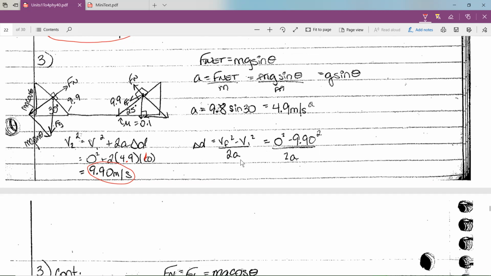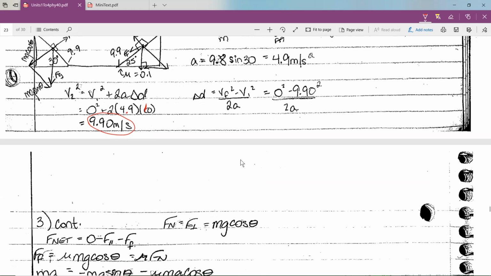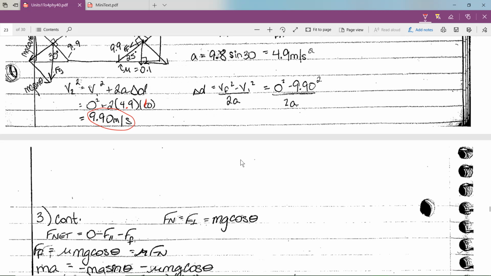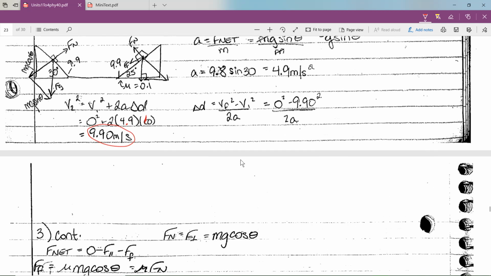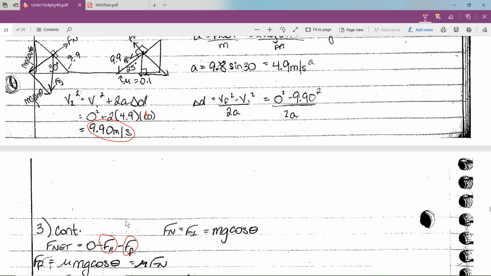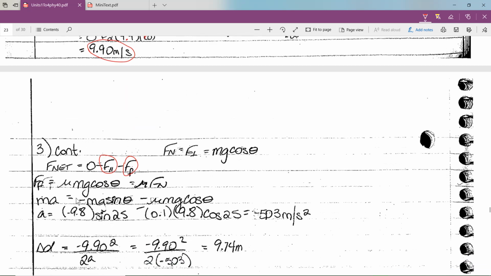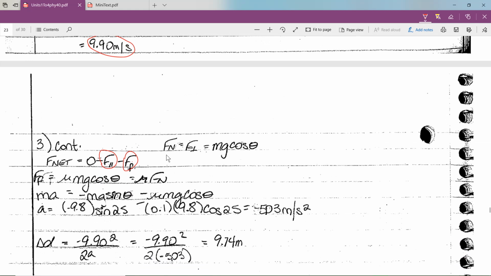Then going up the second ramp, my normal force is mg cos theta, and my net force is, well, there's no applied force anymore, so it's just friction and the parallel force of gravity, F of F and F parallel, which are opposing the motion. And so force of friction, we've shown before, is mu mg cos theta, because it's mu times F normal, but F normal is F perpendicular, which is mg cos theta.